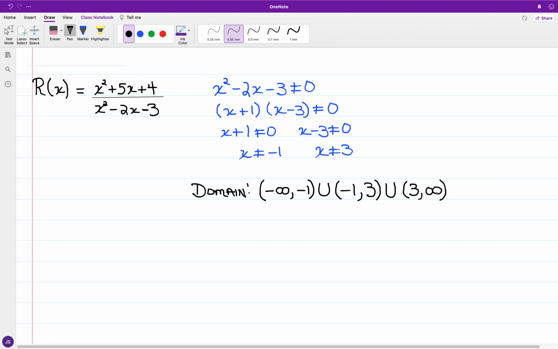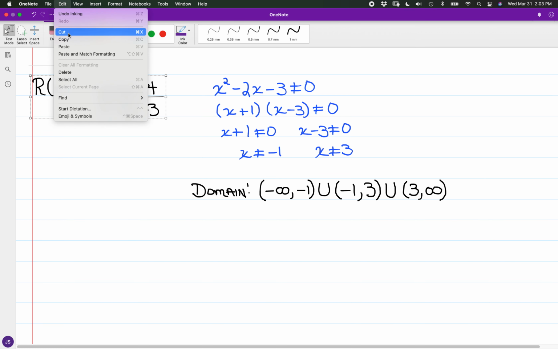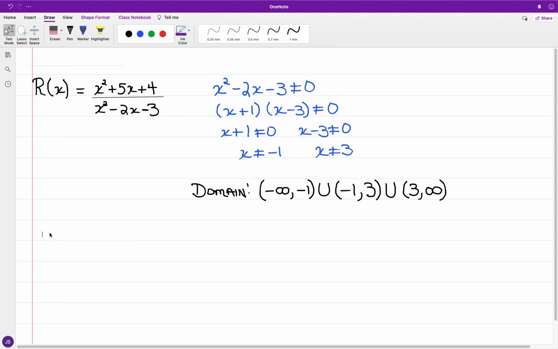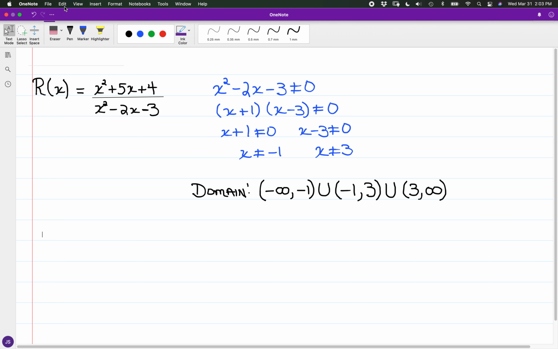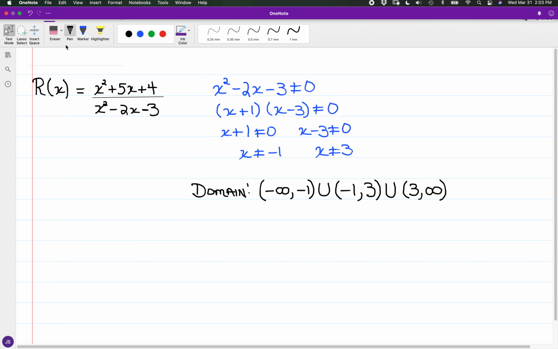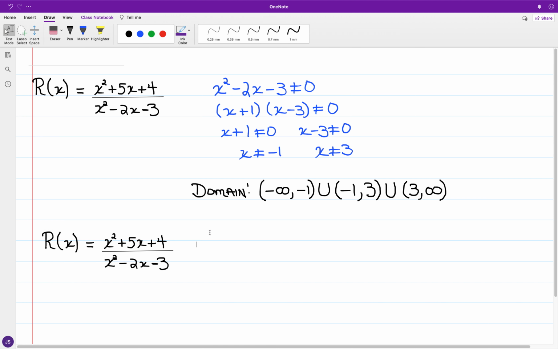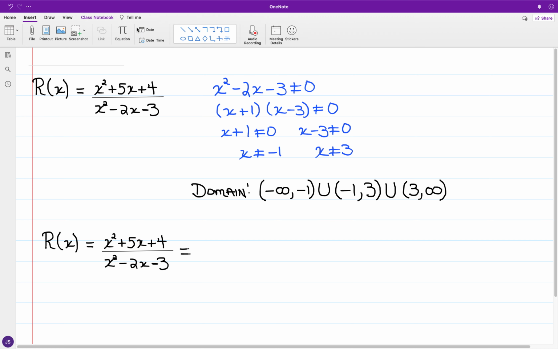Now, in terms of asymptotes, our first kind was the vertical one. This originated from the restricted values whose factors remain in the denominator after the function is reduced to simplest terms.